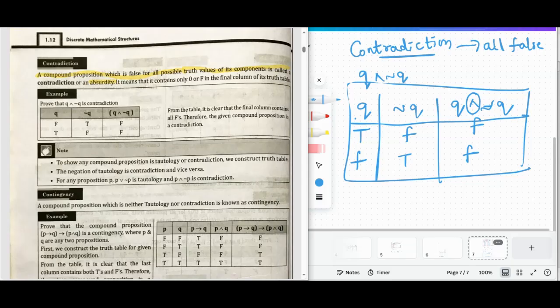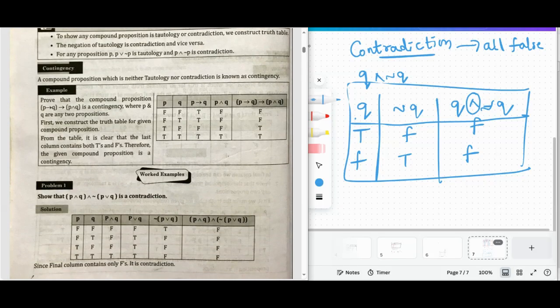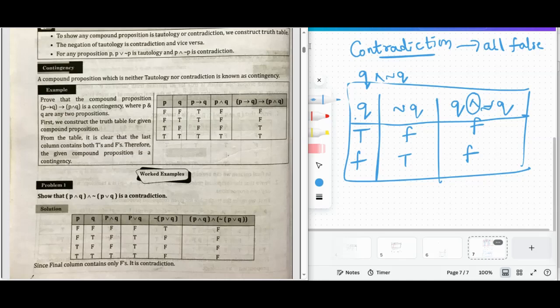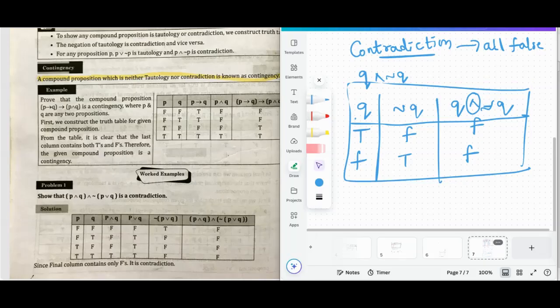Now if all values are true, it is a tautology. If all values are false, it is a contradiction. But if it is neither a tautology nor a contradiction, then what is it called? A compound proposition which is neither a tautology nor a contradiction is called a contingency.